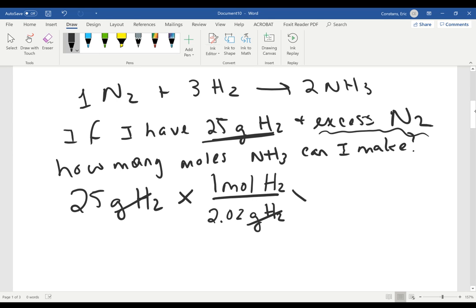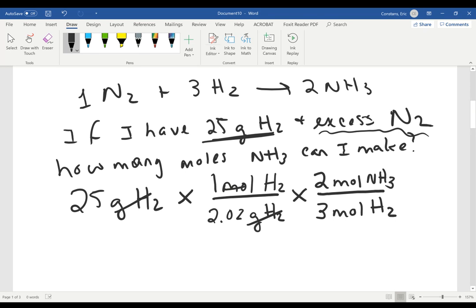And then my next step, since every stoichiometry problem has to have the mole ratio, is my mole ratio. Remember, the mole ratio is going to be the coefficient in front of the unknown, and that's 2, divided by the coefficient in front of the given, and that's 3.